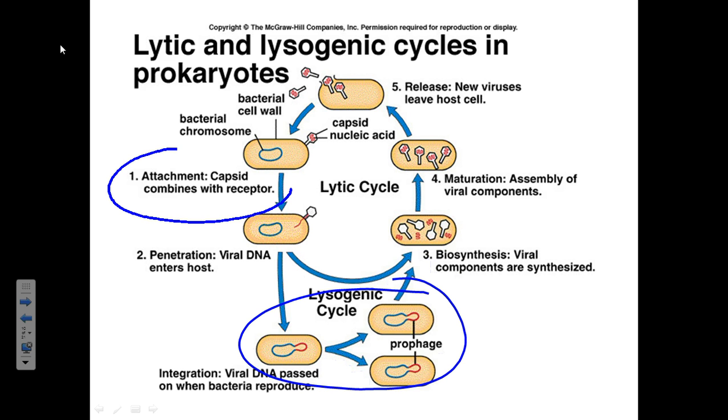The first thing, a virus has to attach to the cell. And it usually attaches to receptors. It doesn't make sense for your cells to have receptors for viruses. You want to have receptors for viruses.